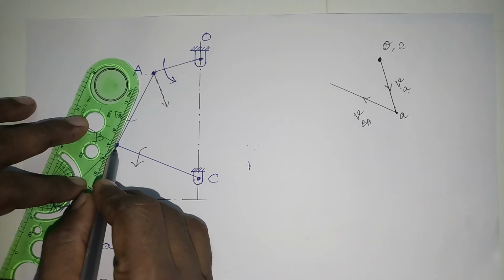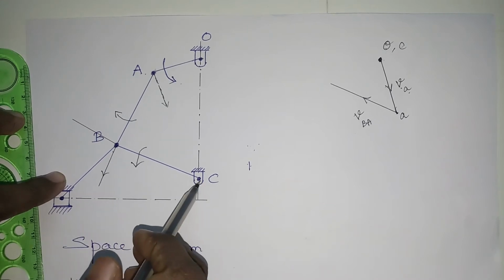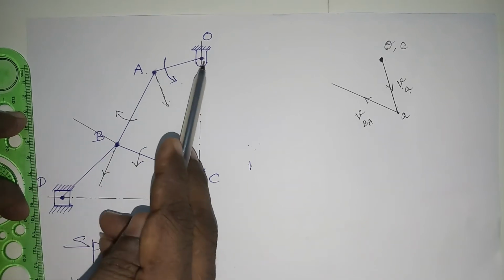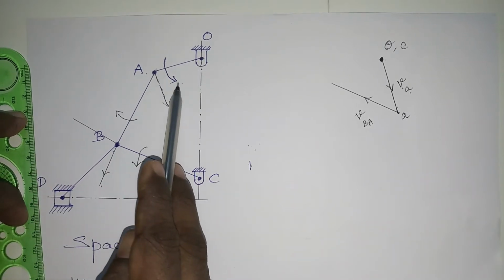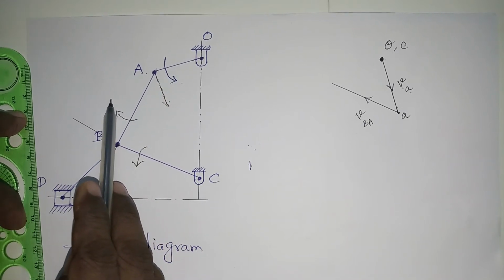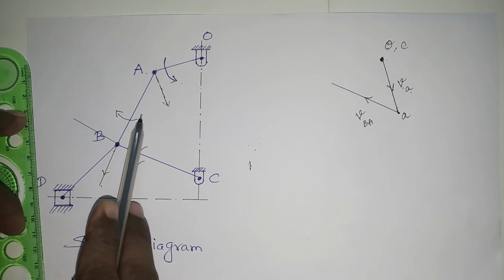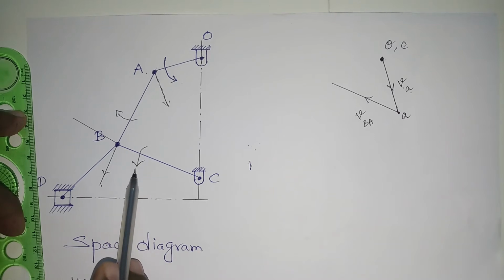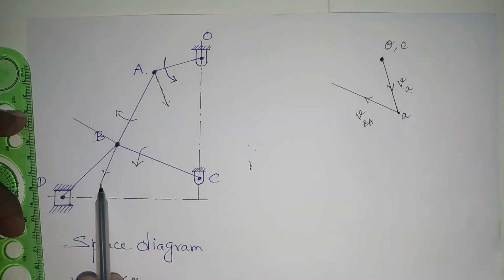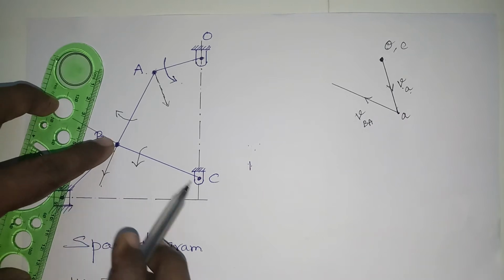I told you, since the input crank is anti-clockwise, the respective next link will be rotating in clockwise. With respect to this link, this is the next link, so this is clockwise, and automatically this will be anti-clockwise. So with respect to the direction of rotation, the velocity will be acting. Now this is the velocity of B with respect to C.